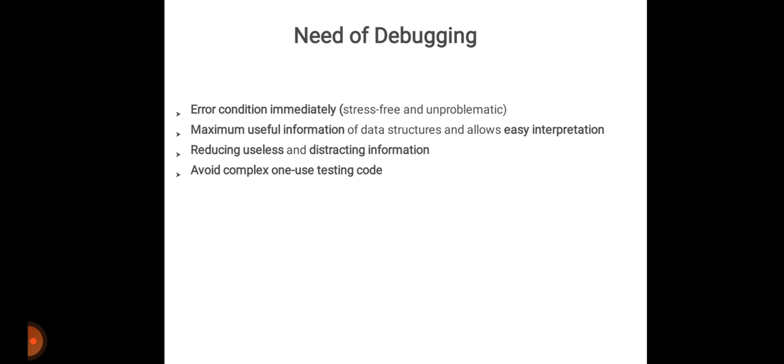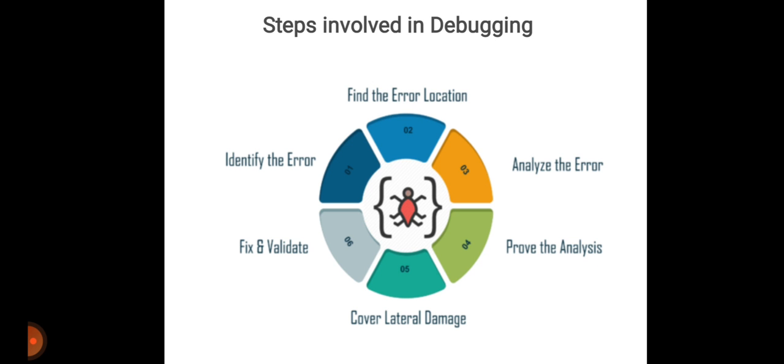Next, what are the steps included in the debugging process? There are different steps involved in this process, and these are: first, identify the error, whatever error occurs in our program. Then find the error location.